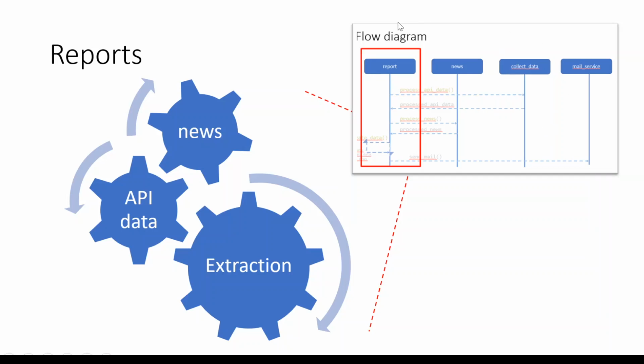This report module will take the output of these two modules as input and merge it together. On top of it, it will also create an Excel sheet which goes as a mail attachment. So the mail will contain an attachment.